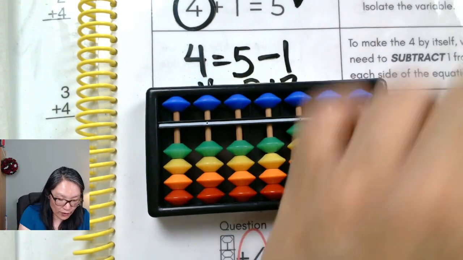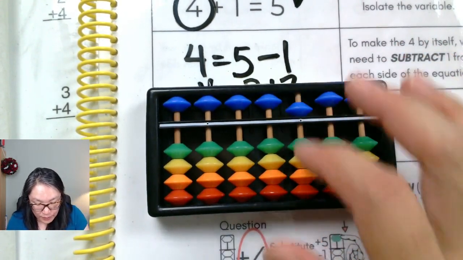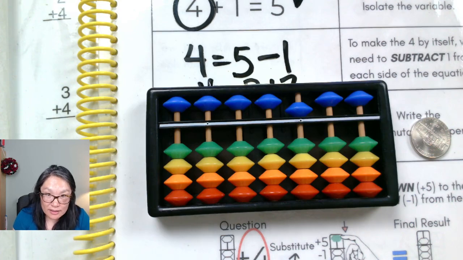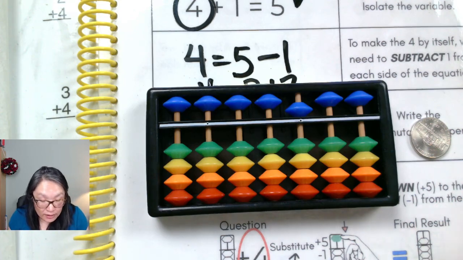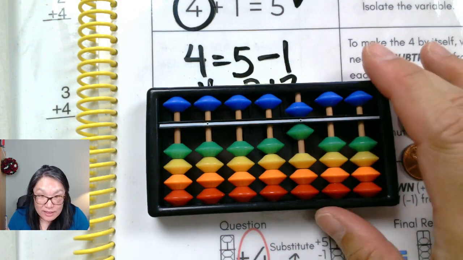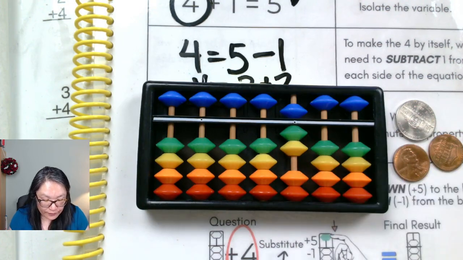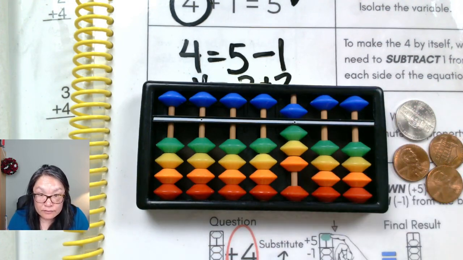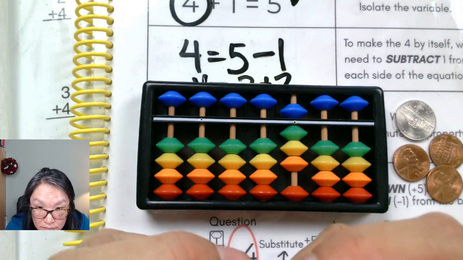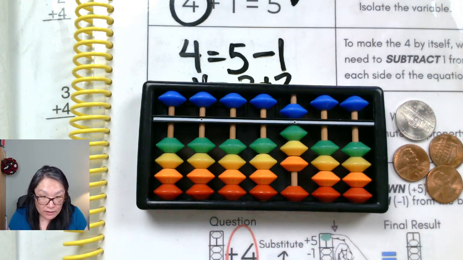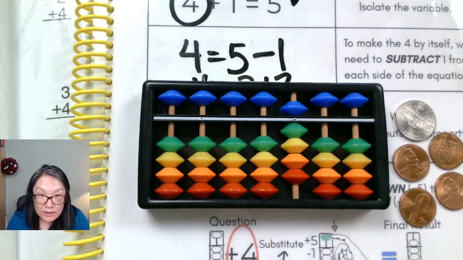So when we do 5, the 5 will always be the top bead. Because this is 5, then we're just going to add 6. That's what 6 looks like, right? And then we have 7, we have 8, and then we have 9. That's what 9 looks like.